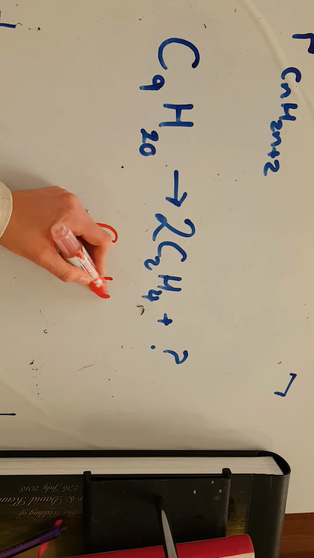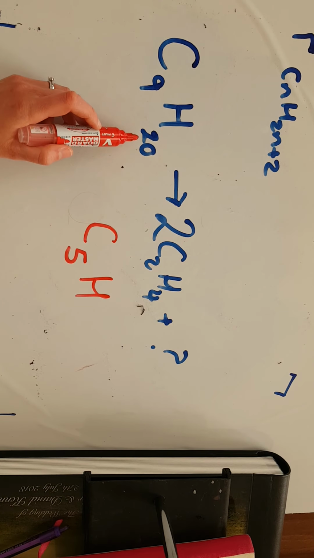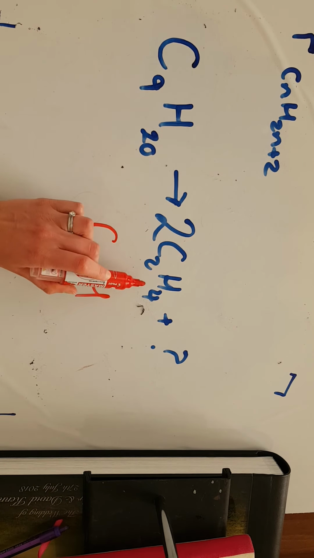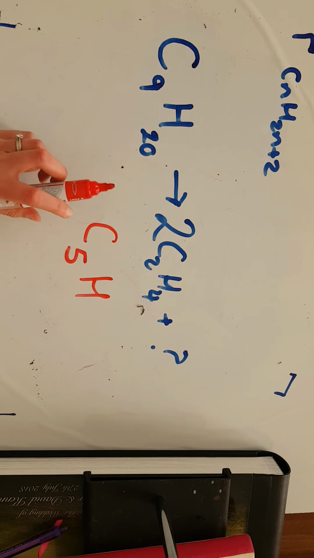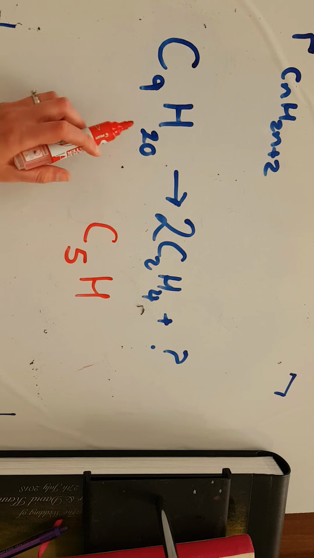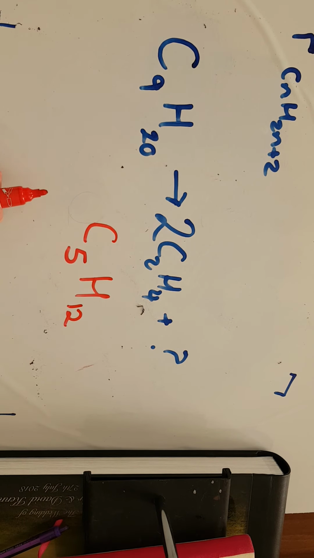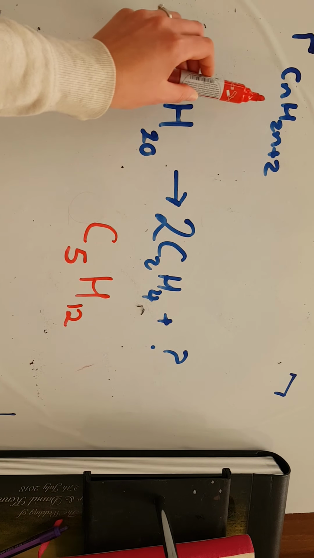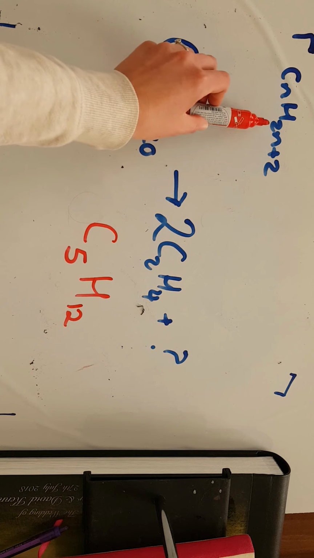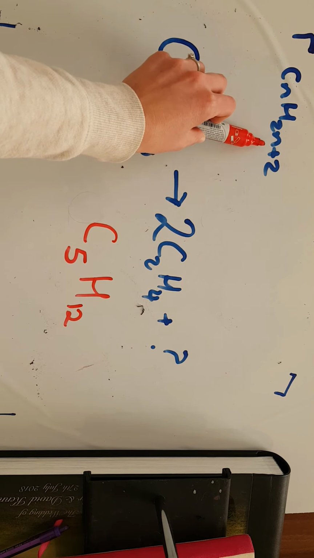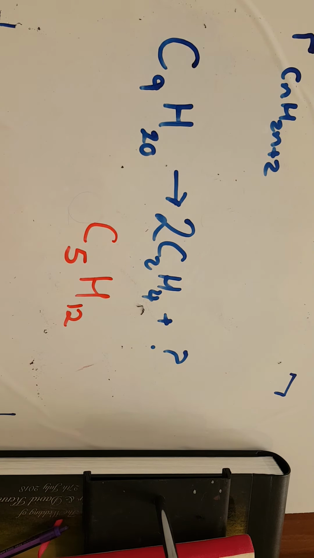For my hydrogens, I started off with 20, cracked it into a molecule that has 4, but 2 of them, so therefore 8 hydrogens have already been used, which must mean that only 12 are left over. And again, I'll just double check that that fits into my general formula. When n is 5, H must be 2 times 5 plus 2, which is 12. So I can be confident that that one is also correct.